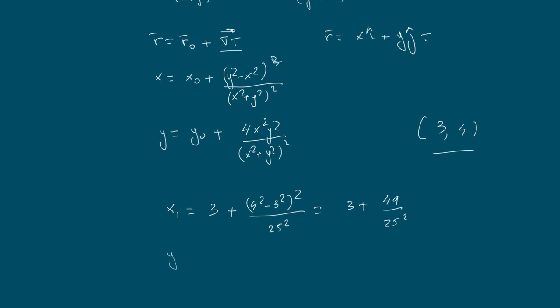And the y1 will be the initial point y0, the 4, plus the component y of the gradient at the point 3, 4.